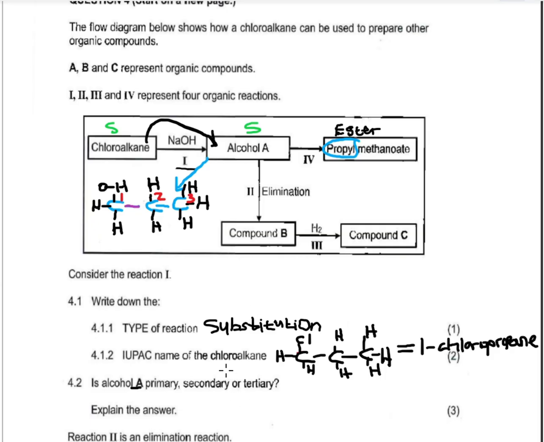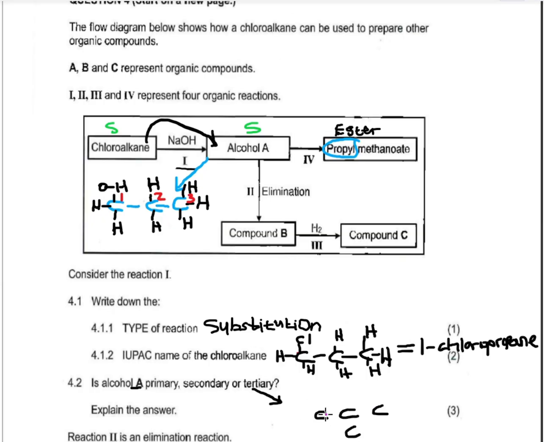But what about the secondary alcohol? For the secondary alcohol, the carbon that is carrying the OH, let me give you an example here. This carbon here that is carrying the OH group, the hydroxyl group, is bonded to 1 and 2, so it's bonded to 2 other carbon atoms. That's why we are saying it's going to be a secondary alcohol. But what about the tertiary alcohol now? Let me give an example of a tertiary alcohol.